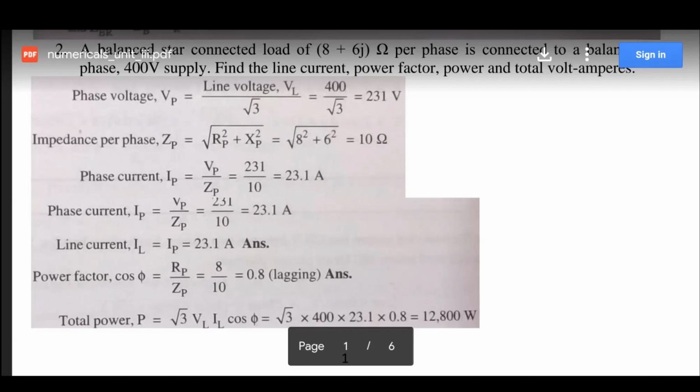So what things are to be taken care of in this numerical?